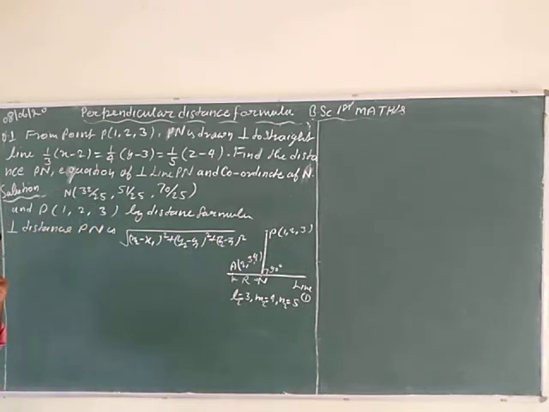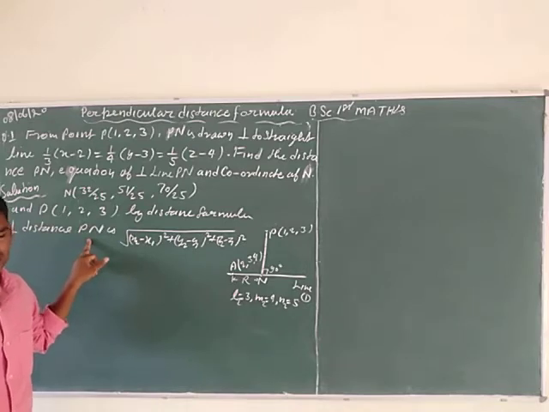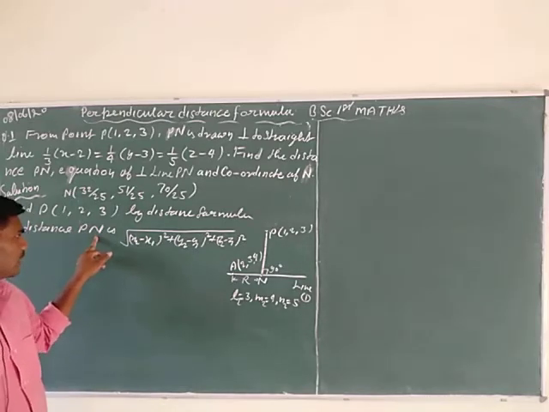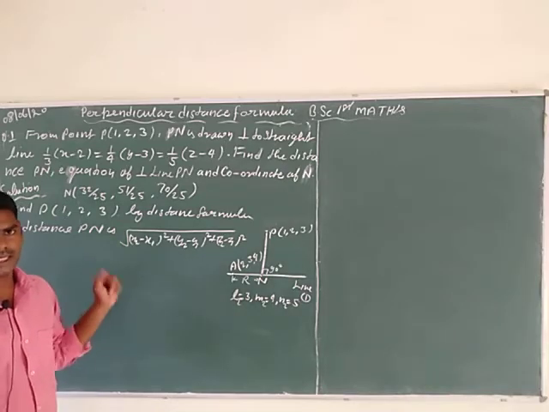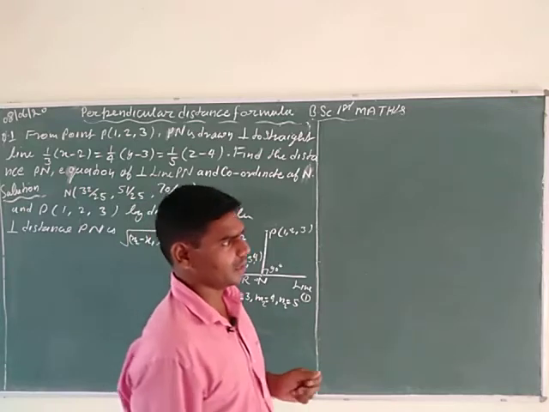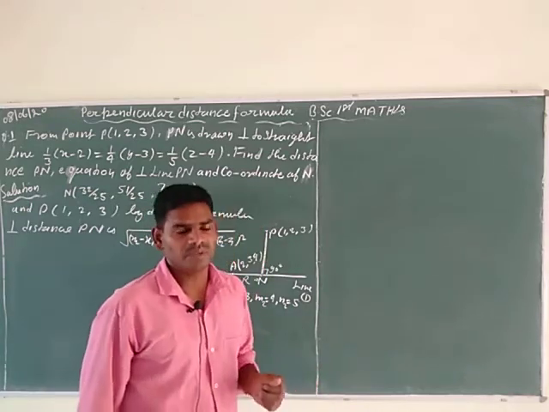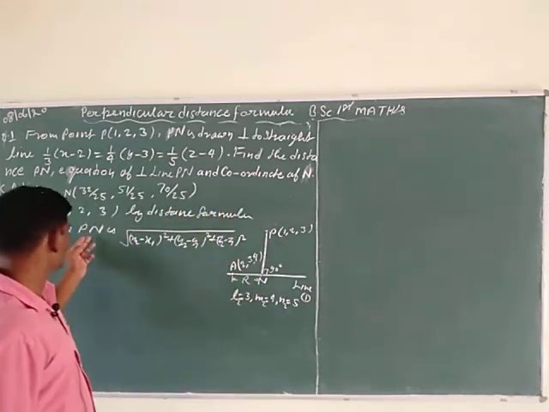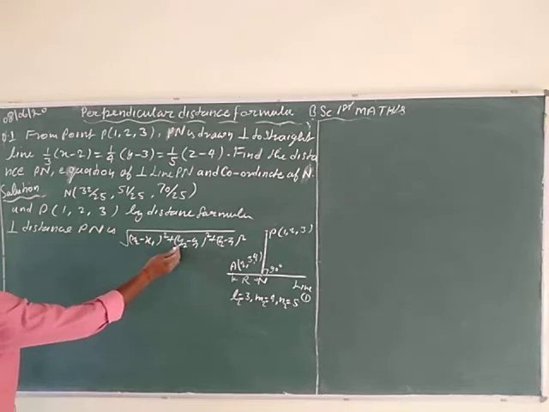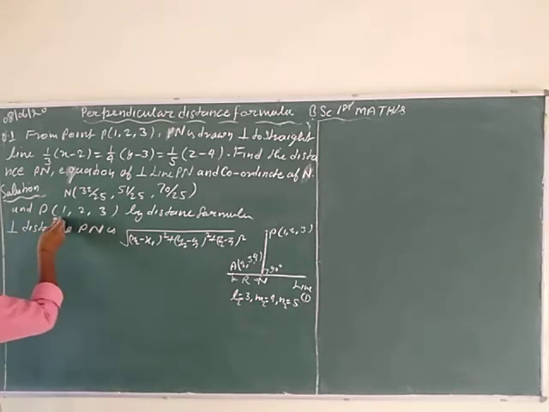Here, since we write PN, P is taken as the first point and N as the second point. The coordinates of the first point are x1, y1, z1 and the coordinates of the second point are x2, y2, z2.